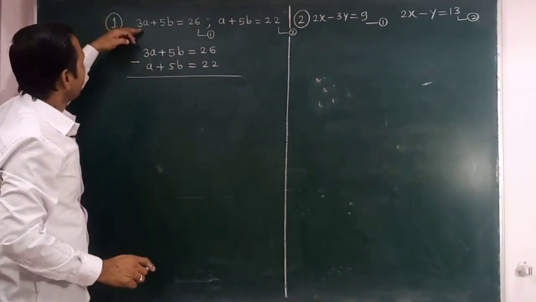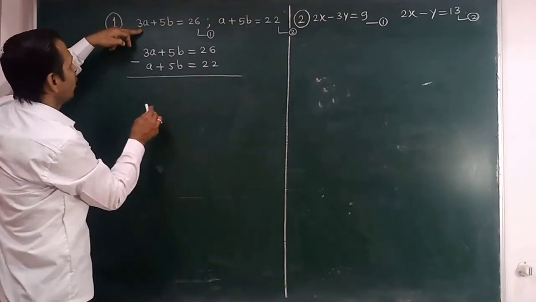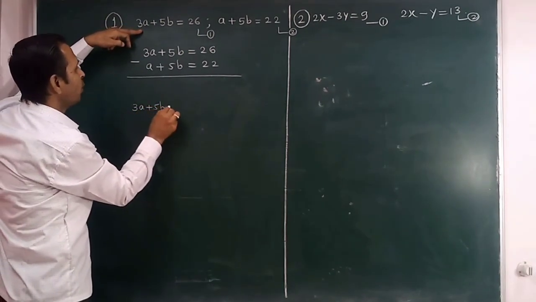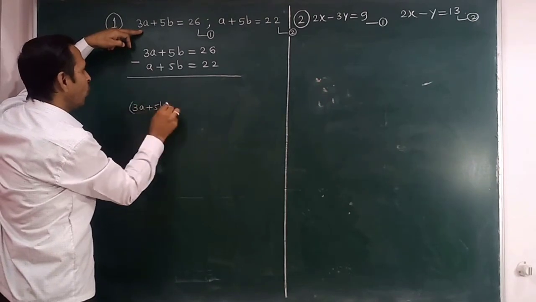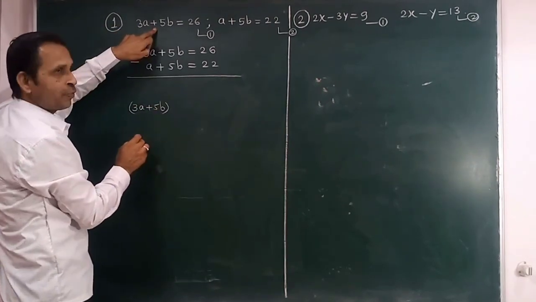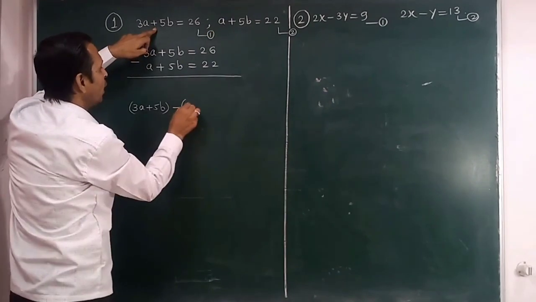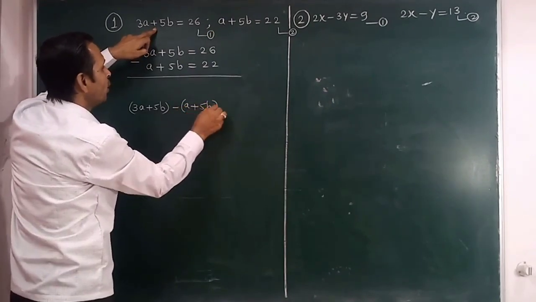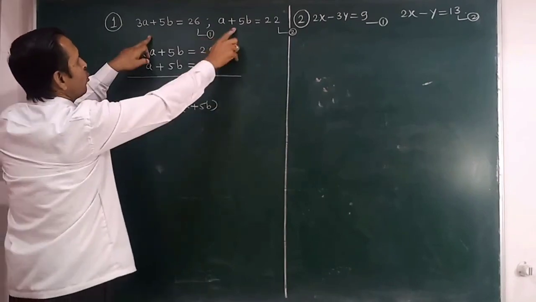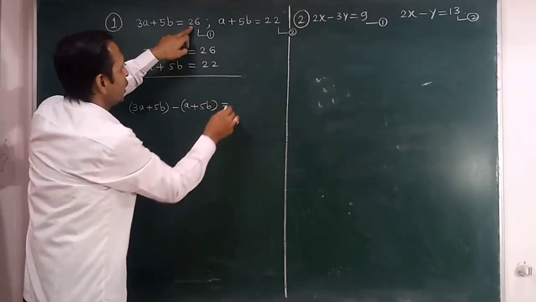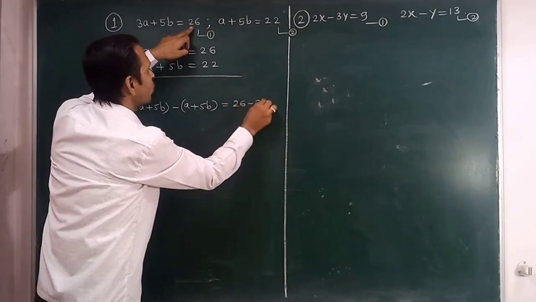Now when we use the horizontal method, what happens here? 3a plus 5b, this is the LHS of the first equation, minus we take here a plus 5b, means the LHS of these two equations are subtracted, is equal to 26 minus 22.